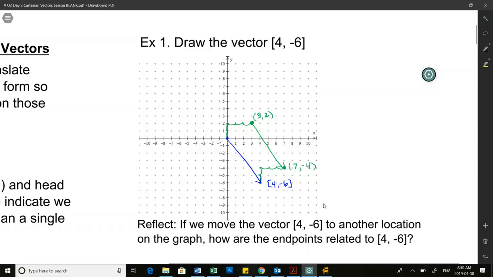Yeah, the vector itself is parallel to our original vector, so it should be parallel and equal. Erica? Yeah, true. Is there a connection between how we could get to the endpoint and the point of the tip? Sarah?